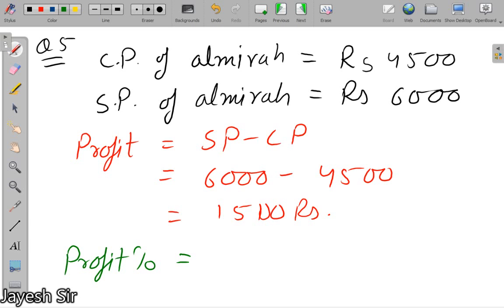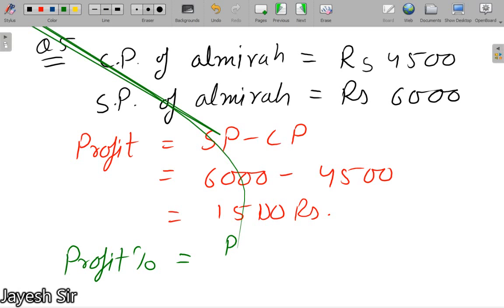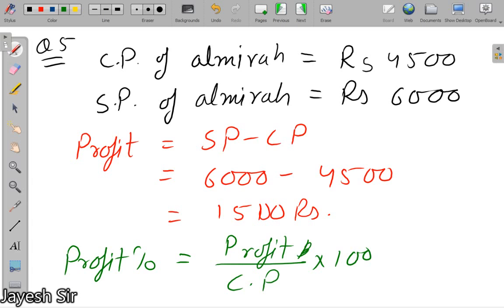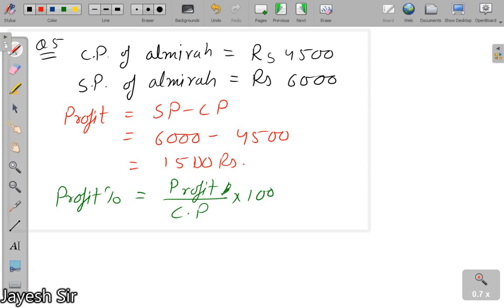And now we have to determine the profit percentage. Profit percentage will be profit, 1500, over cost price, 4500, into 100.